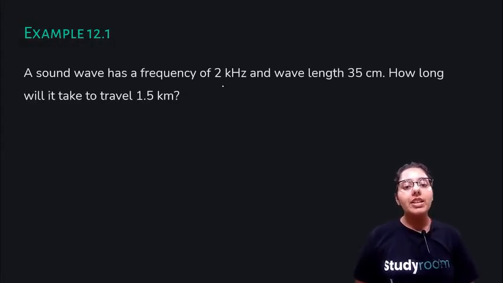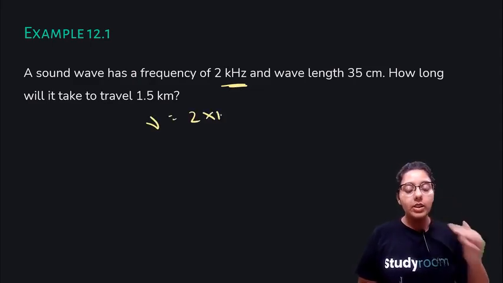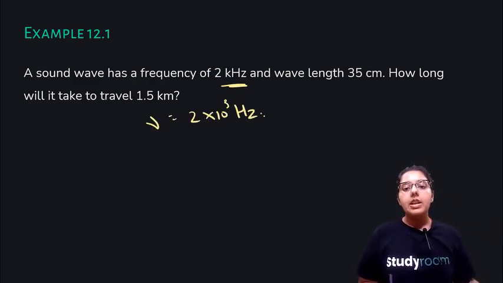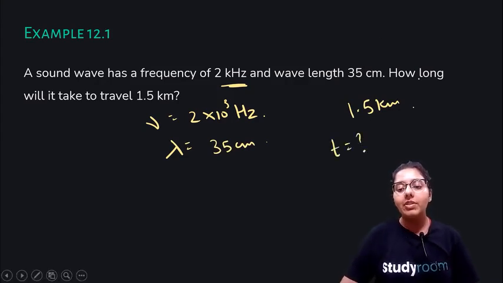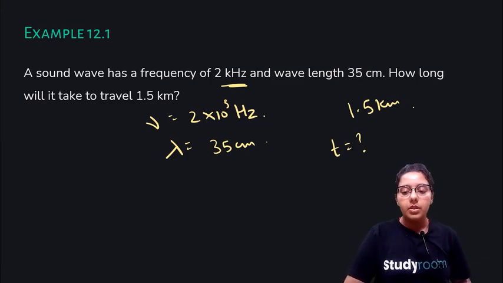A sound wave has a frequency of 2 kilohertz. Your frequency is 2 into 10 to the power 3 hertz, okay? And has a wavelength of 35 centimeters. Lambda is your 35 centimeter. How long will it take to travel 1.5 kilometers? They are asking you about the time, that how long will it take to travel 1.5 kilometers. Okay, so let's do this together.